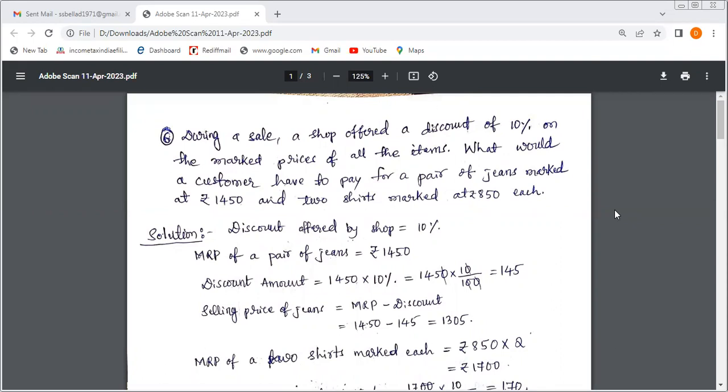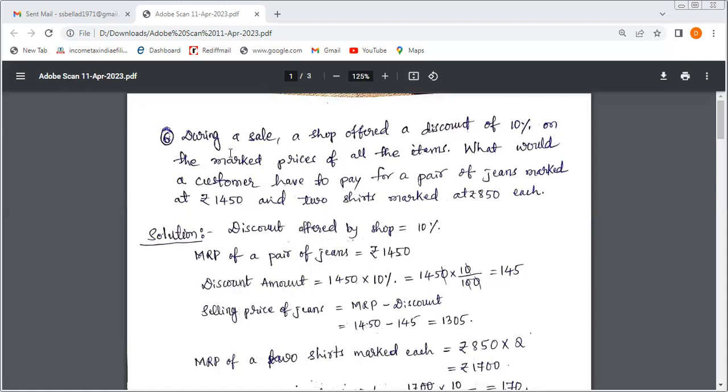In the last class, we have been studying this comparing quantities chapter, and I am solving the exercise 8.2 of that chapter. In the last session, I have solved 5 problems. So in this session, I am starting with problem 6.